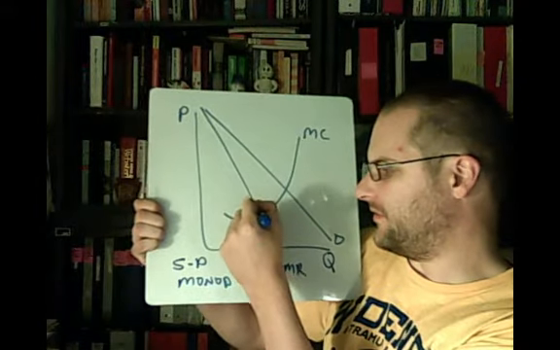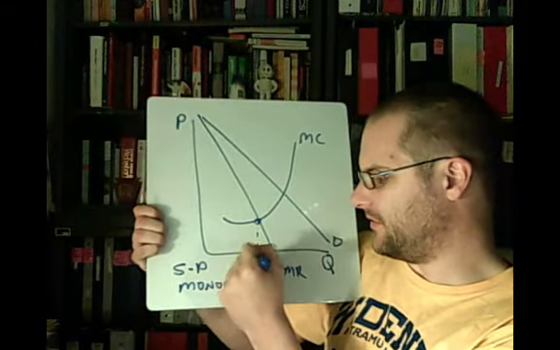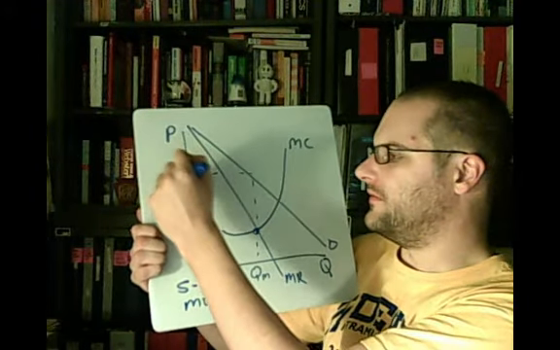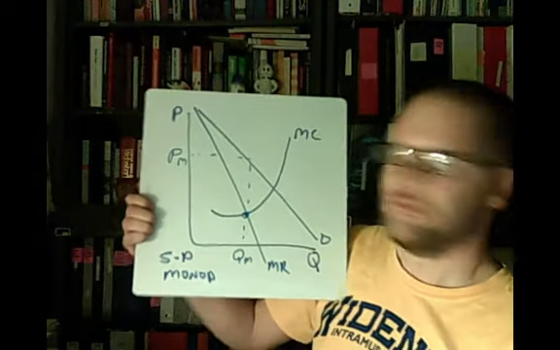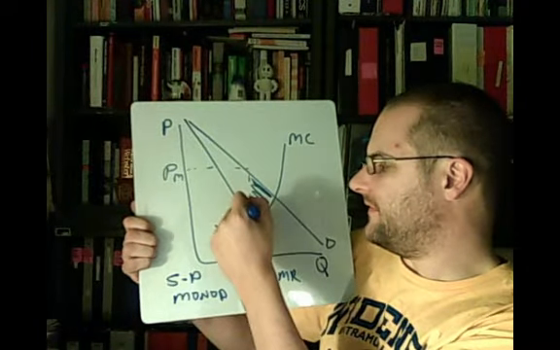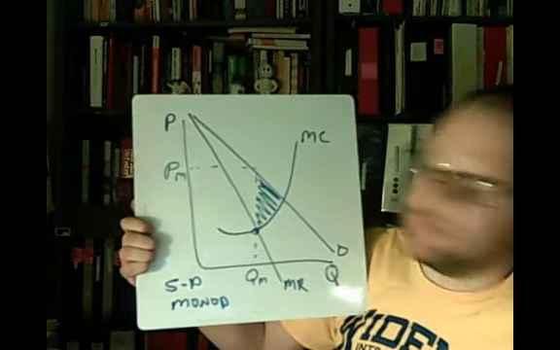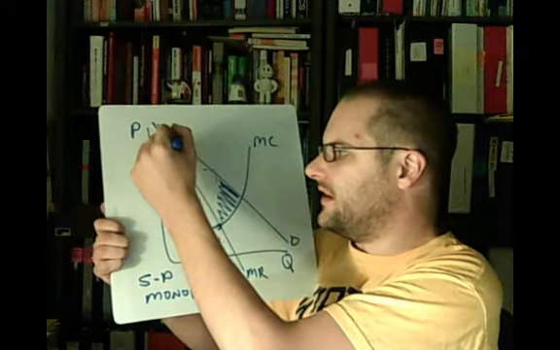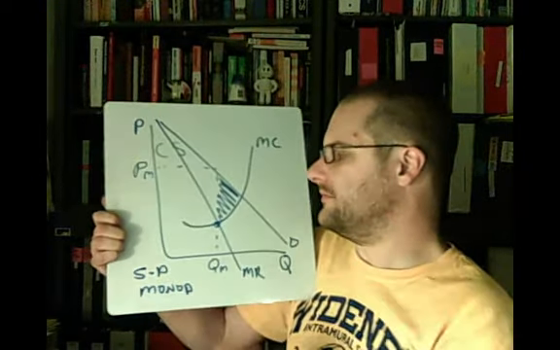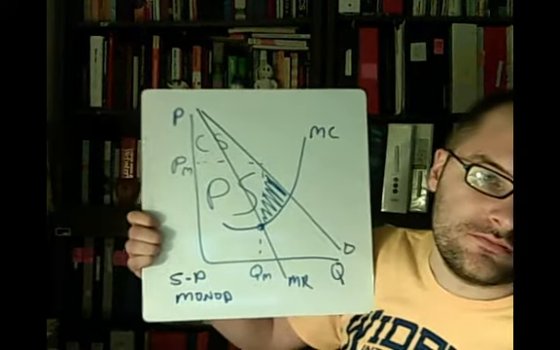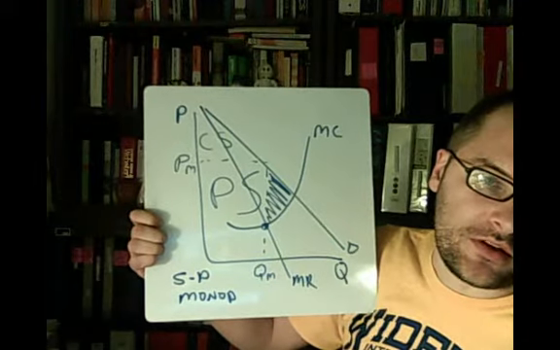They'll set their marginal revenue equal to their marginal cost, go up to the demand curve to find their price, and what you'll see is that there is a significant deadweight loss. The consumer surplus is now a much smaller region, and the producer surplus is much larger compared to a perfectly competitive firm.